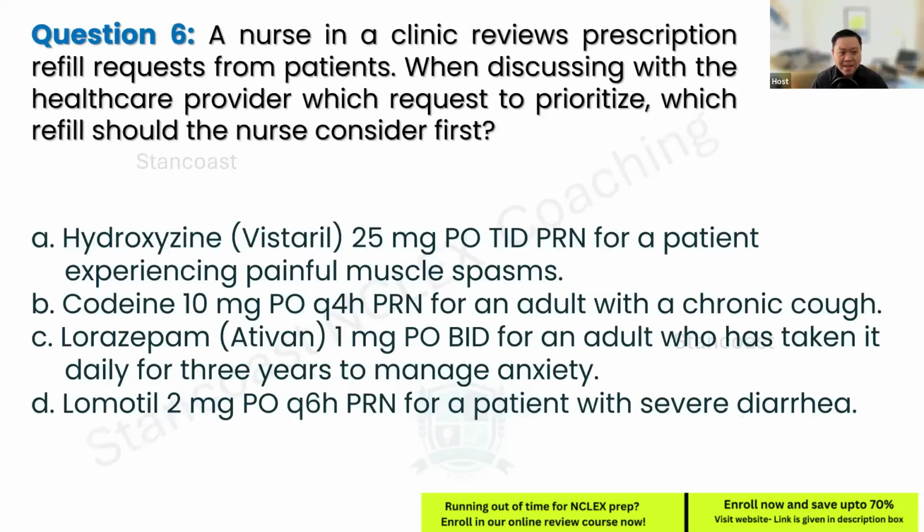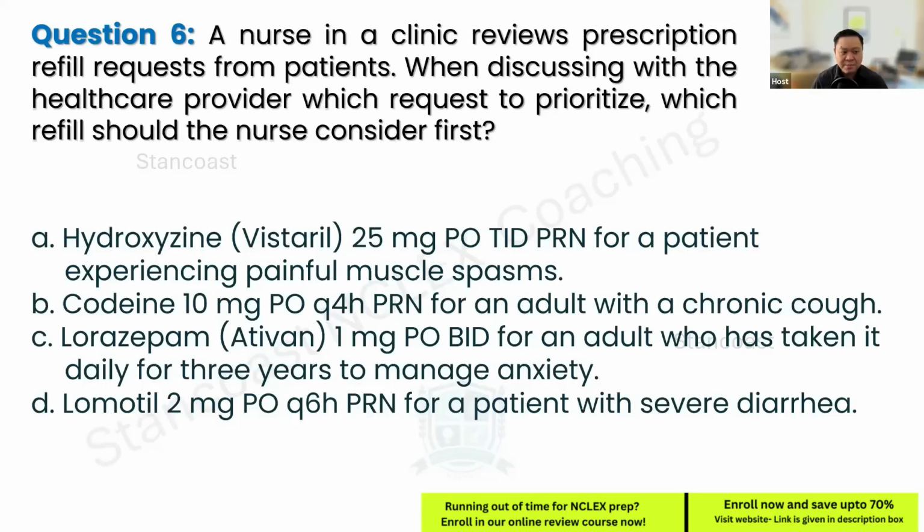Number 6, a nurse in a clinic reviews prescription refill requests from patients. When discussing with a healthcare provider which requests to prioritize, which refill should the nurse consider first? A. Hydroxyzine or Vistaril 25 milligrams PO TID PRN for a patient experiencing painful muscle spasms.